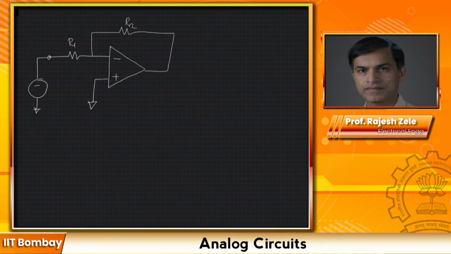If you apply V test over here, there will be current I test which will flow through this, and the same I test will flow through this, correct? There is no current going inside here. Now this node is virtual ground.